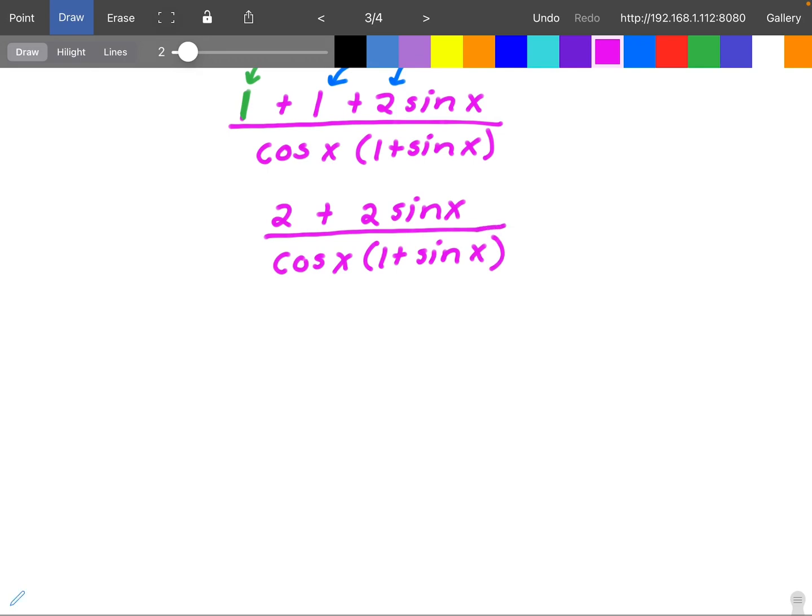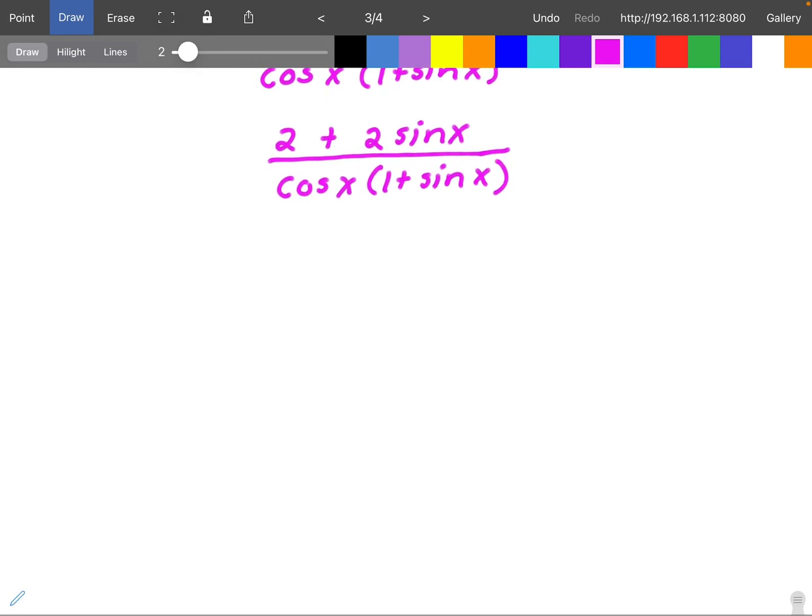And then in the numerator I can see, hey, both of those terms have 2, which means I can factor out a 2. So if I factor 2 out of the numerator, then that leaves me with 1, because 2 divided by 2 is 1. And then if I factor 2 out of here, that leaves me with just plus sine x.